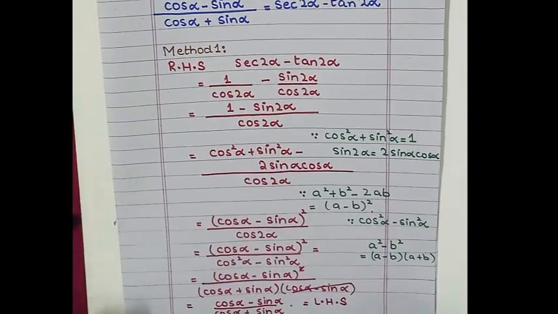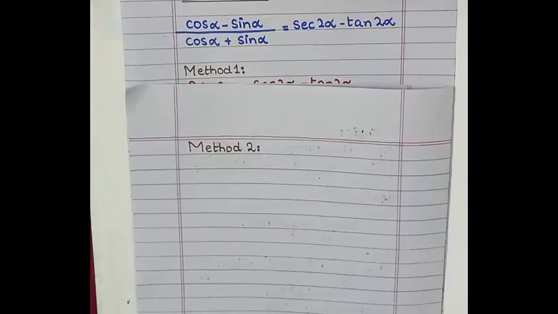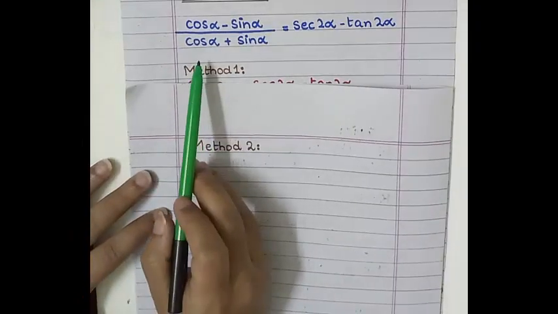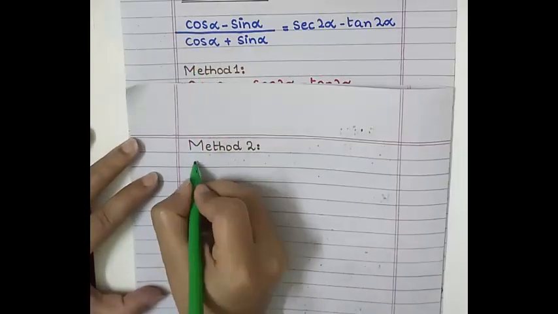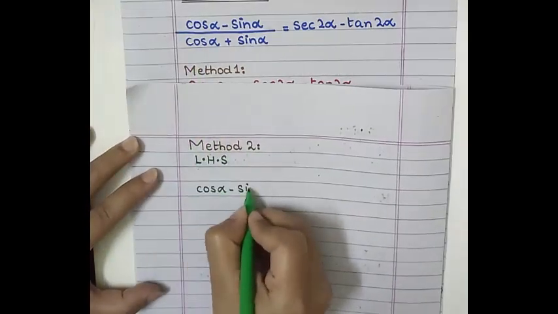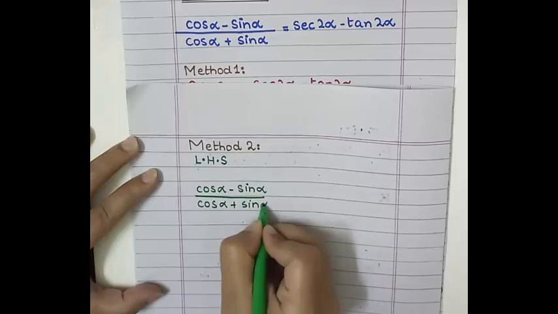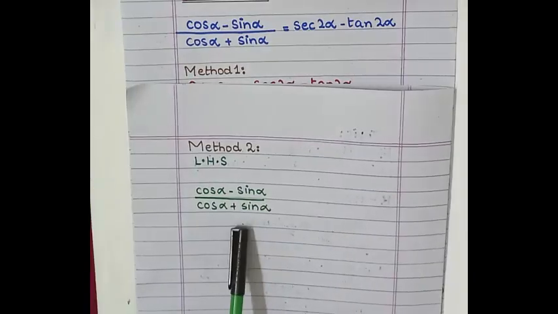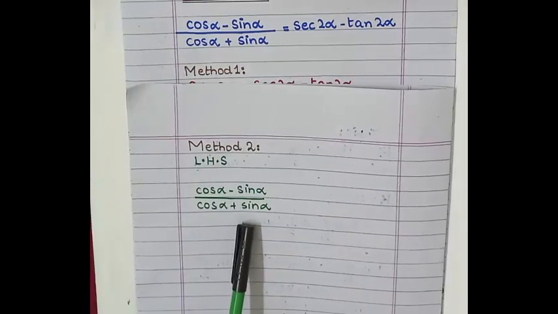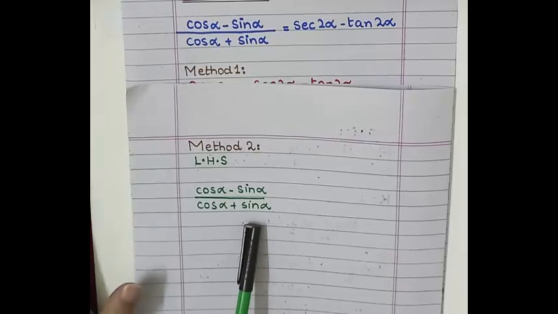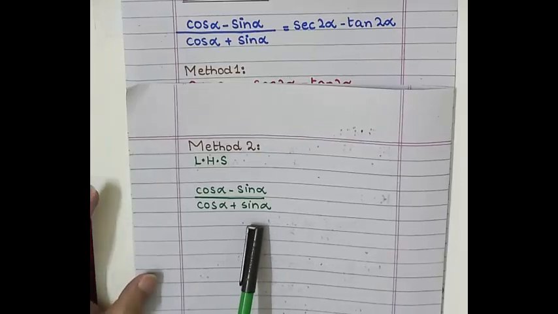Now we will do the same question with an alternative method. So in method number 2, we will take the left hand side of the equation. When we start a question which is in the form of a fraction, to proceed further, the best way is to rationalize that term.